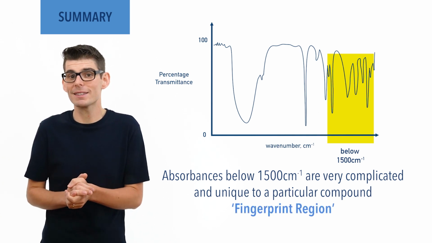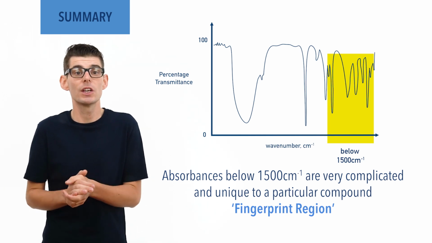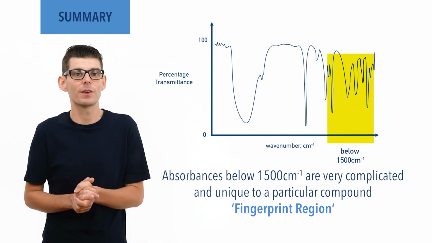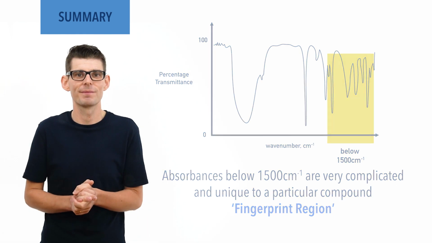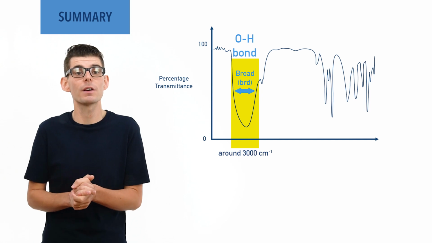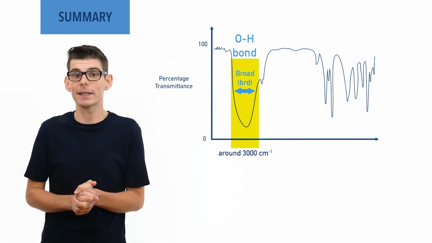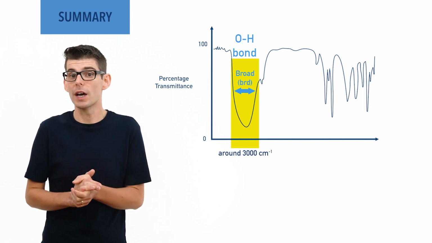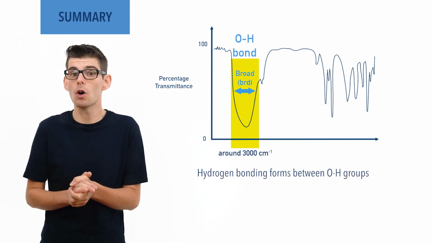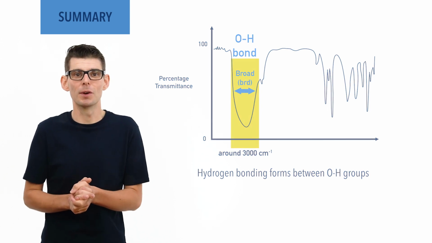Due to its complexity, it isn't analysed in detail at this level and is instead just used to quickly identify given substances. OH bond stretches are described as broad and cover a wider range of wave numbers on a spectra than you would otherwise expect. This is due to hydrogen bonding arising between oxygen and hydrogen atoms from different OH groups in neighbouring molecules.